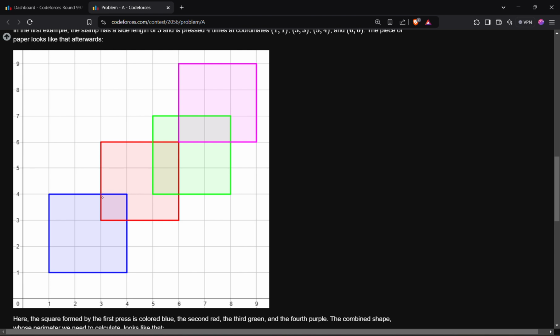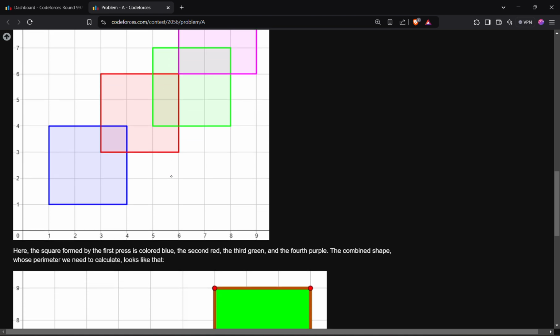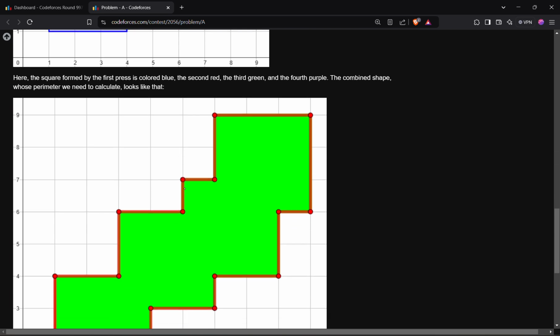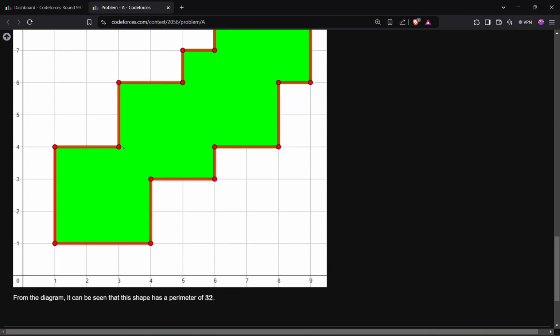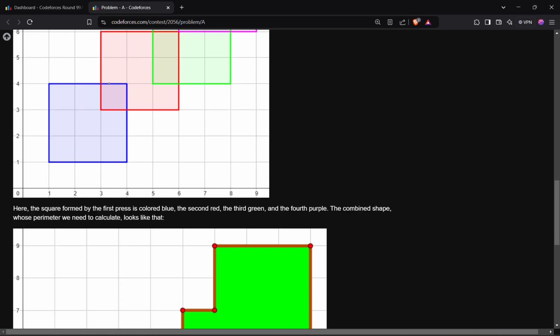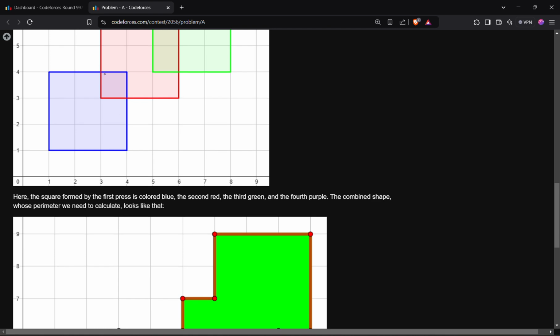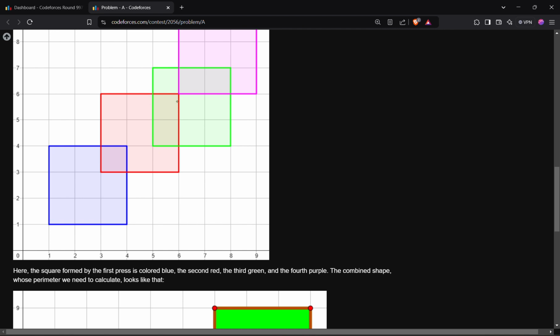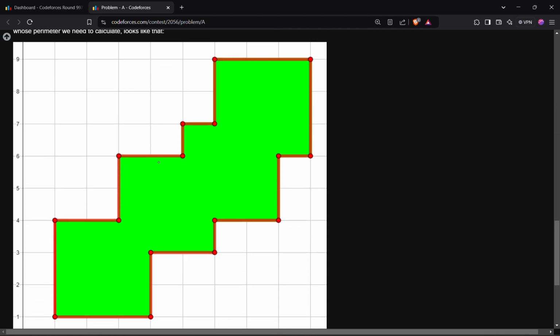Then this red square will be the position of our stamp, and you are enclosing the part of the paper which the stamp has touched. So basically you can connect these two figures, and you are excluding these parts. Okay, so that is the thing.